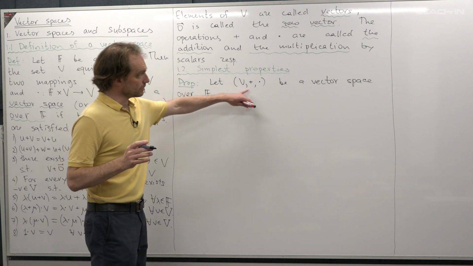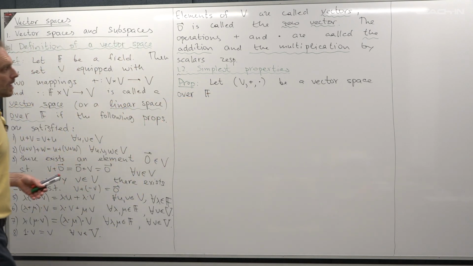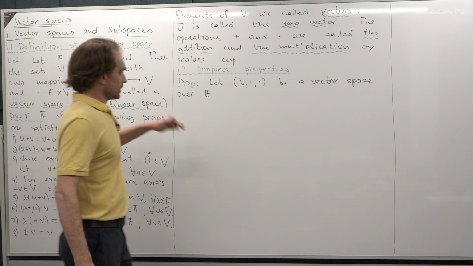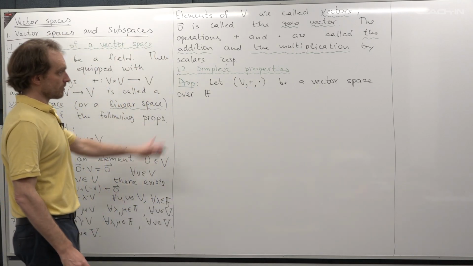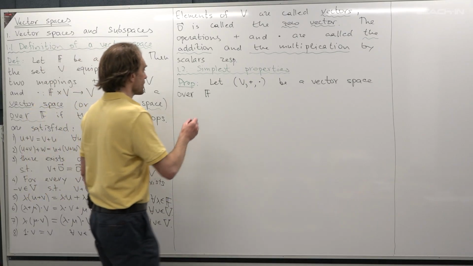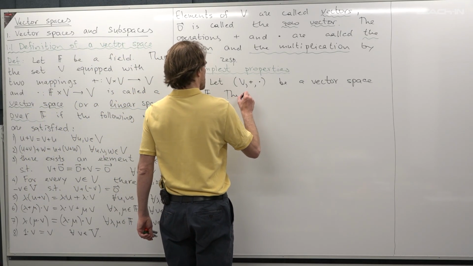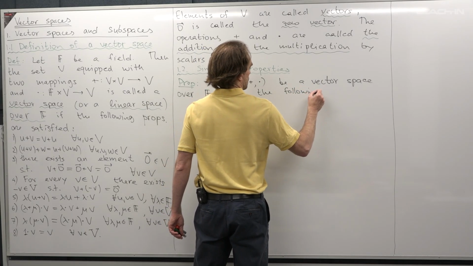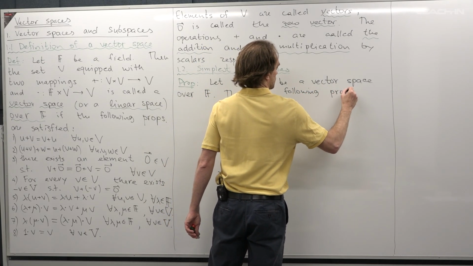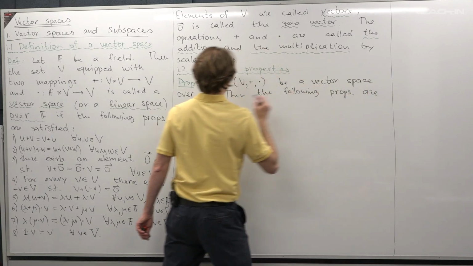Just in order to shorten the notation, I will just write it like this. So let this triple be a vector space over F. Then the following properties are satisfied.